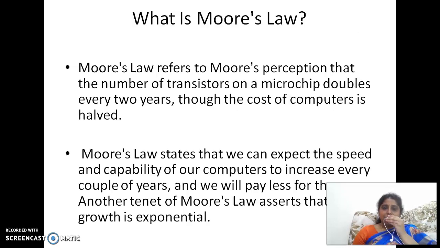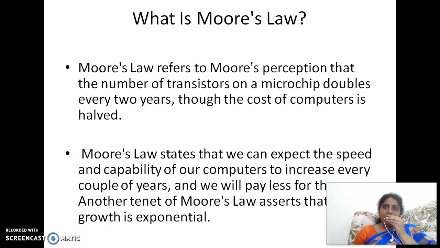And coming to Moore's law, the famous Moore's law. Moore's law is given by Gordon Moore. He stated that the number of transistors on an IC doubles every 18 months. First of all, he predicted that the number of transistors on an IC would double every 2 years.